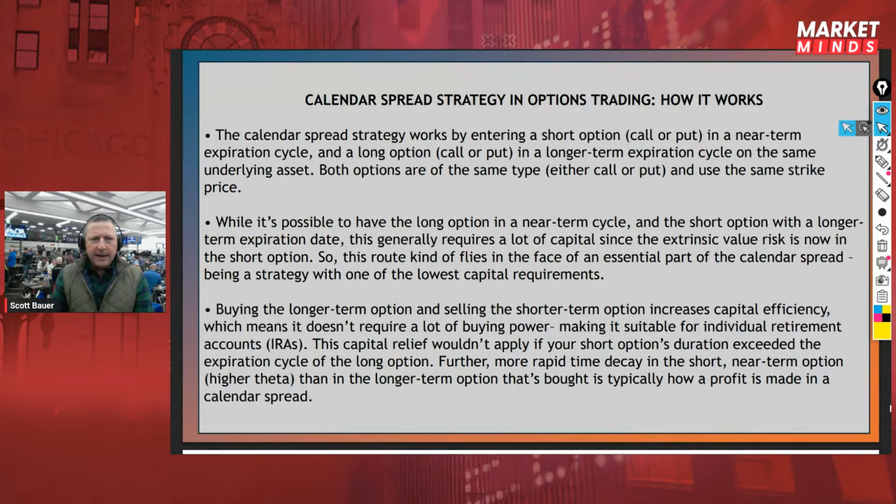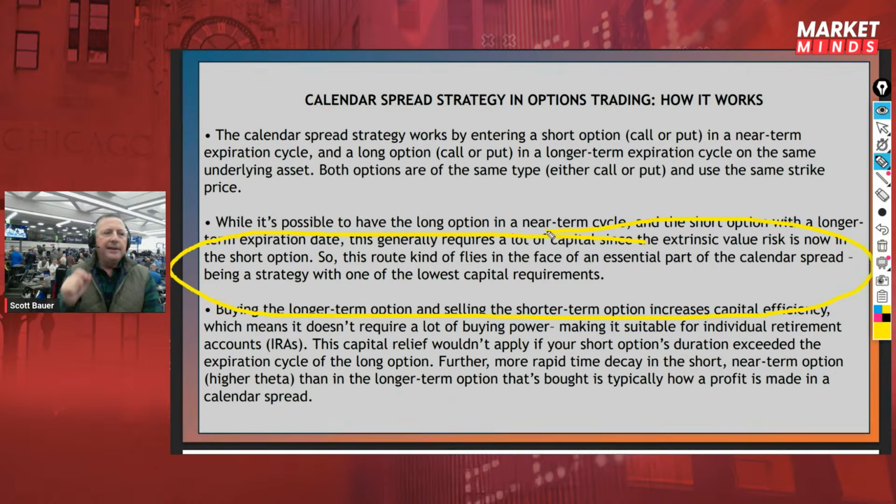And as I have on here, a calendar spread is one of the lowest type of capital requirements that you could ever put on in terms of what sort of margin you may need for your position. Does everybody understand that?